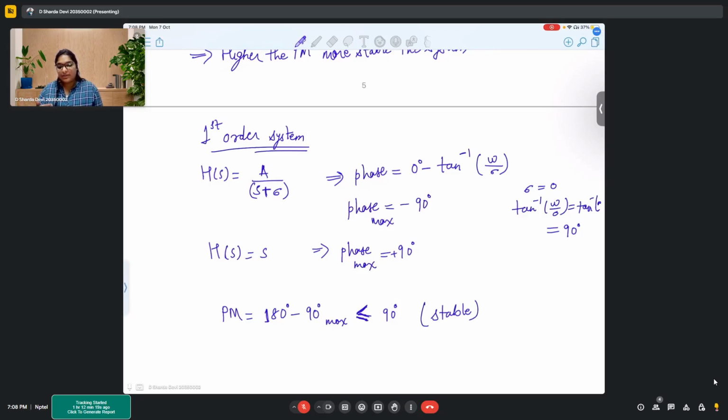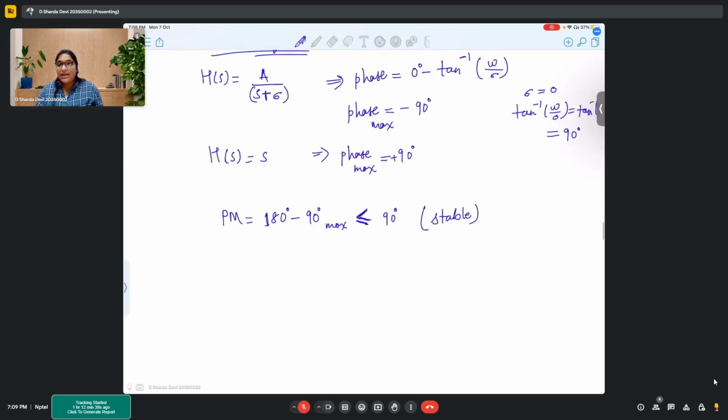Whatever the frequency range, wherever you take the phase margin, it is always stable. That's why we are never concerned about our first order system. What we are concerned about is a second order system, right? You have two poles now.